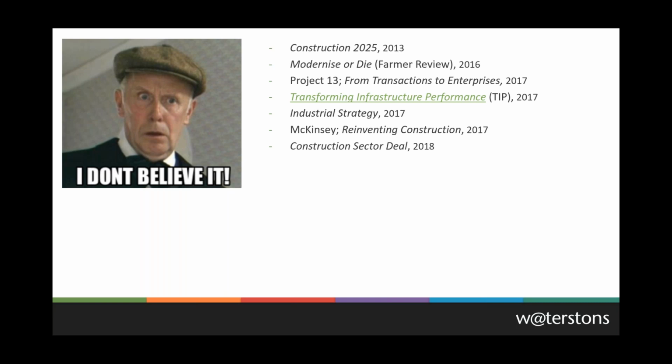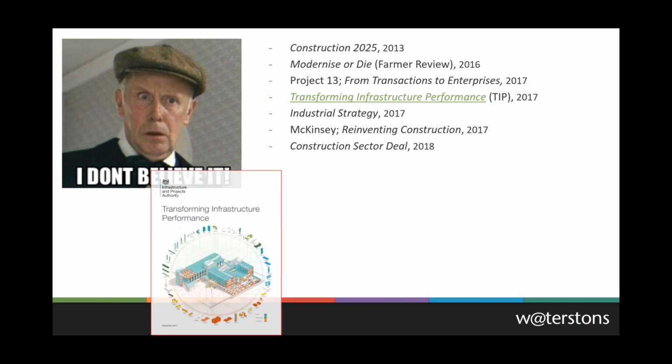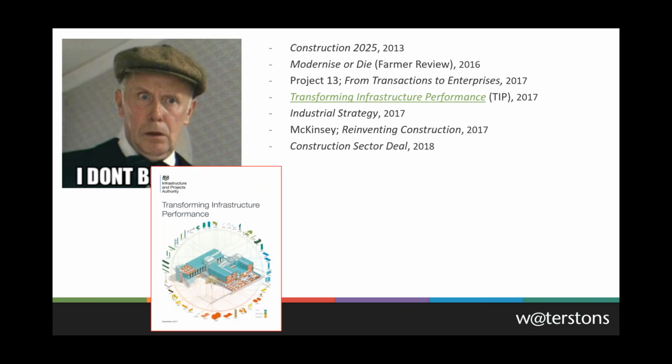There are a number of reports, some driven by government, some by other organisations, which I've briefly listed there, but all of those start to talk about outcome and value and move away from cost. They start to recognise the hidden costs of lowest capital cost procurement, what it doesn't deliver and what the risks are. One I particularly want to draw attention to, which is why I've highlighted it as a hyperlink, is the Transforming Infrastructure Performance report from 2017.